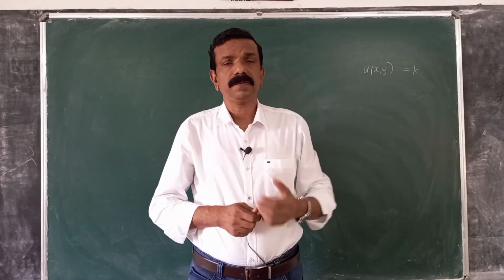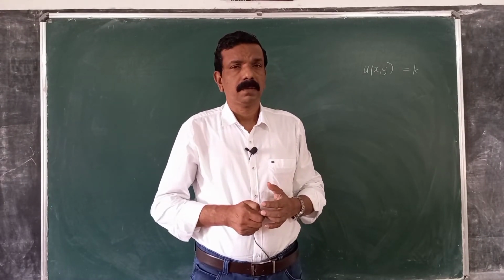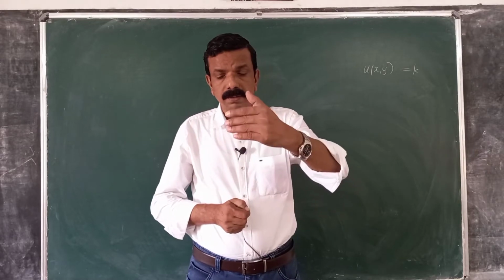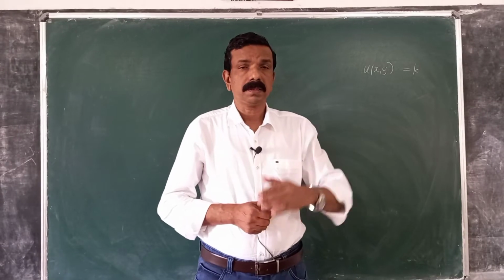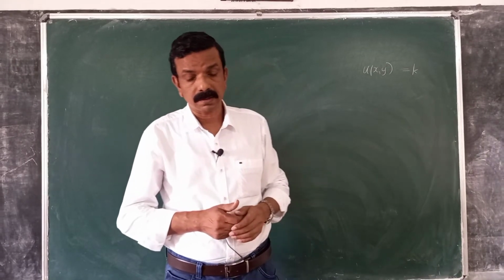Given a bundle, it is easy to draw indifference curves. You simply identify all the points x and y such that u(x,y) is a constant.